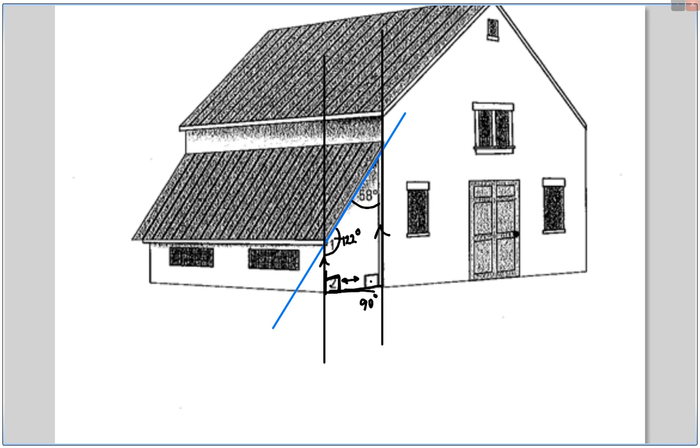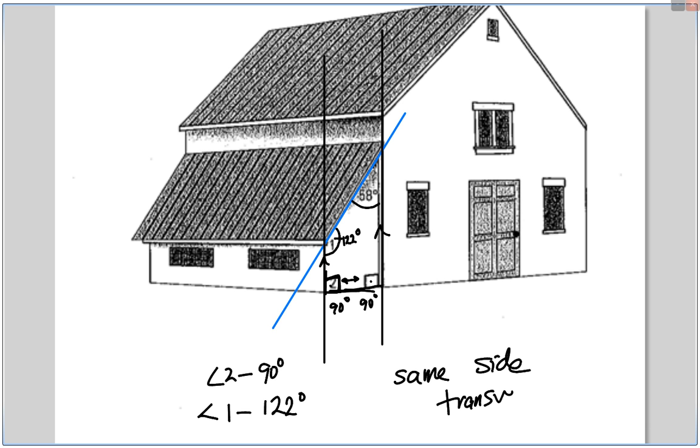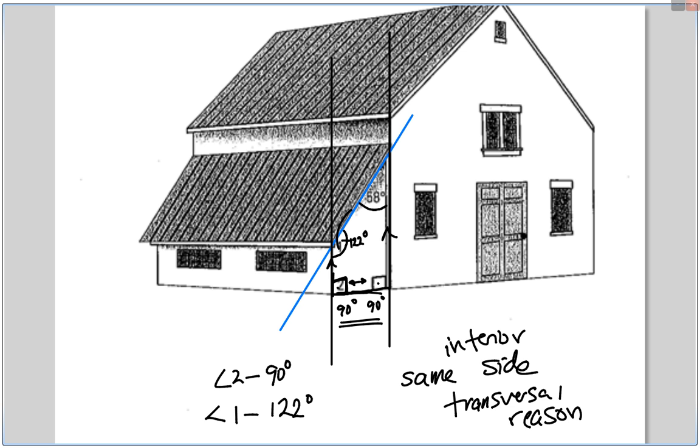So angle 2 is 90 degrees and angle 1 is 122 degrees for the same side transversal interior, same side transversal reason that they are supplementary. So 90 and 90 will make 180, and 122 and 58 will make 180 as well.